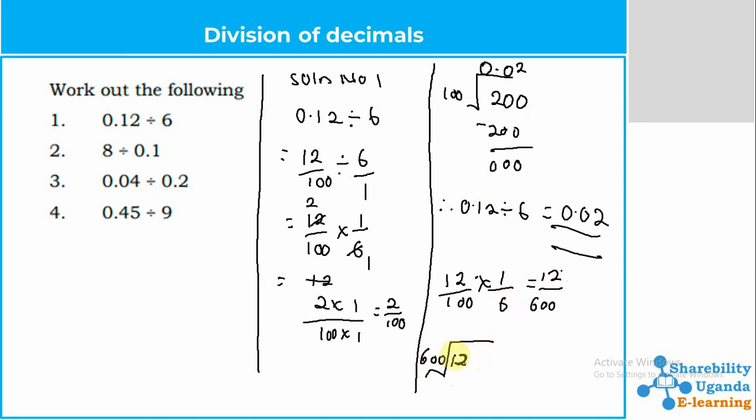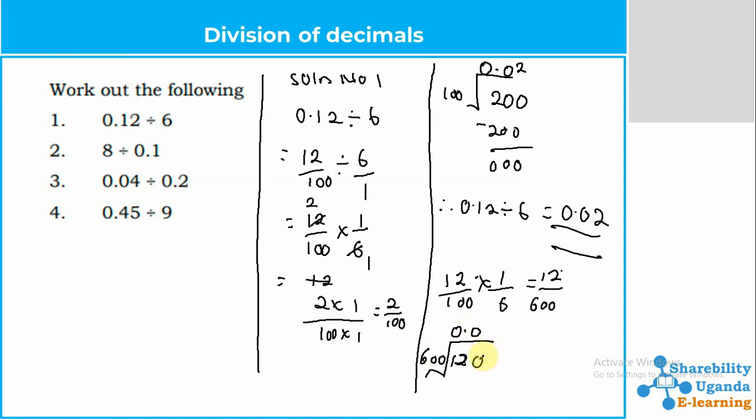We got it here. Can we try? Here we can now say this is 0, and then we add a 0 here. When you put a 0 here, you should add a point. So this becomes 120, but 120 is still very small out of 600. Now what do we do? We said if it is still small, we add another 0 here.